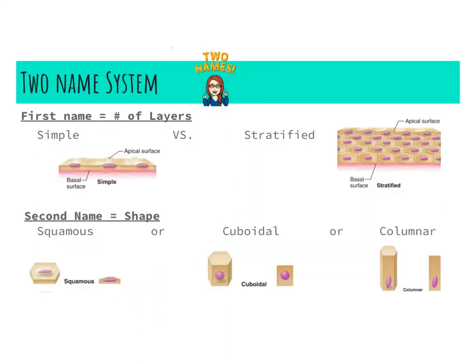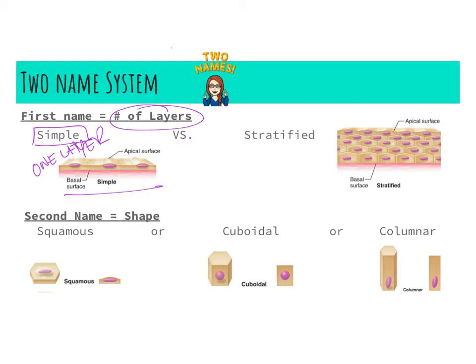For most of the epithelial tissues, there is a two-name naming system. The first part of the name indicates how many layers make up the epithelial tissue. So some epithelial tissues have the name simple in it. Simple means one layer. If you look at that image, this is an example of a simple epithelial tissue which only contains one layer.